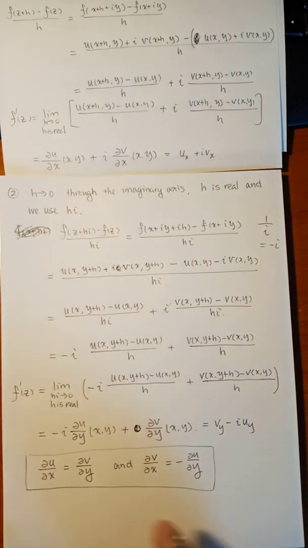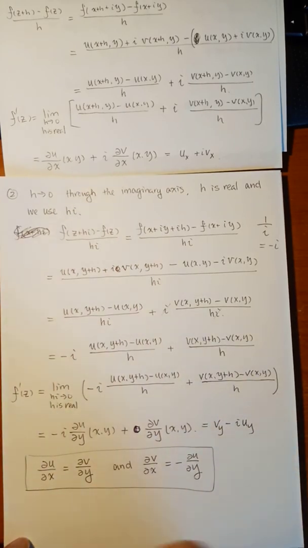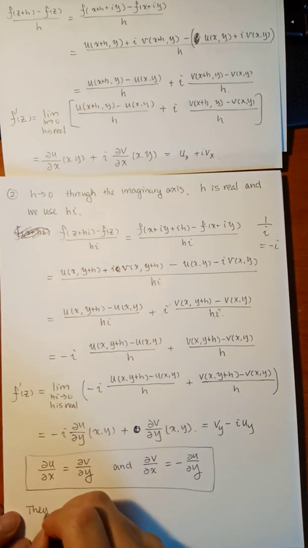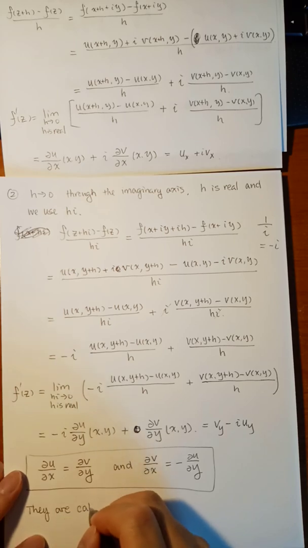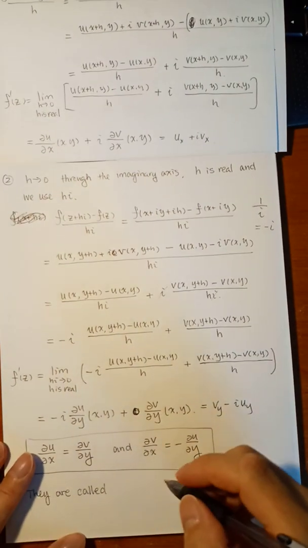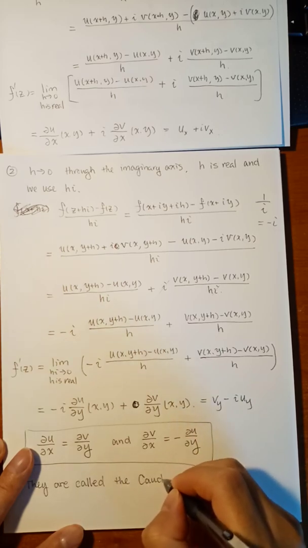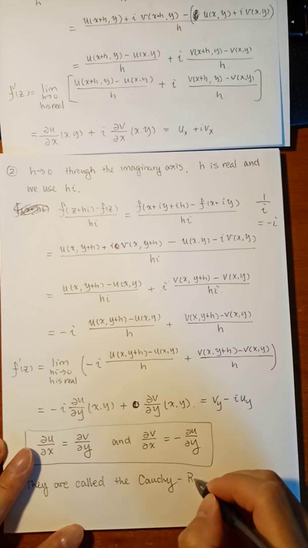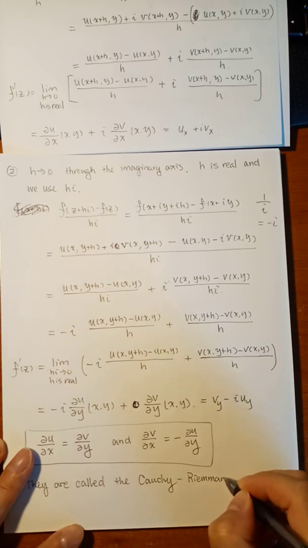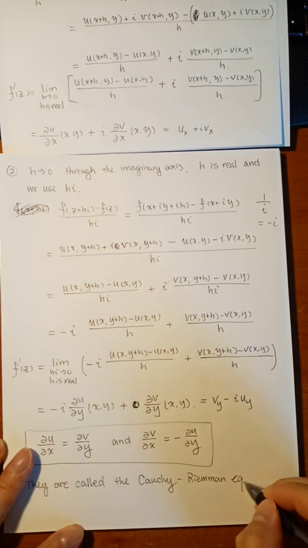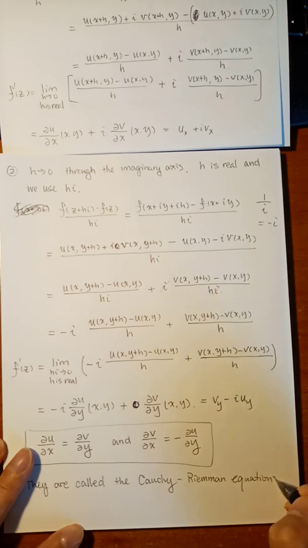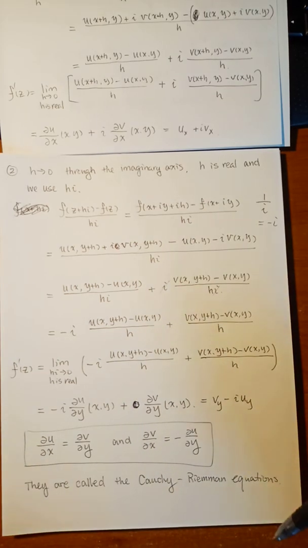These two equations together are called the Cauchy-Riemann equations.